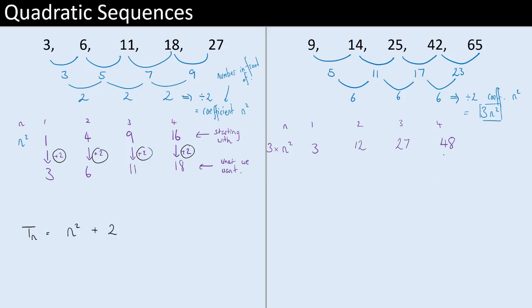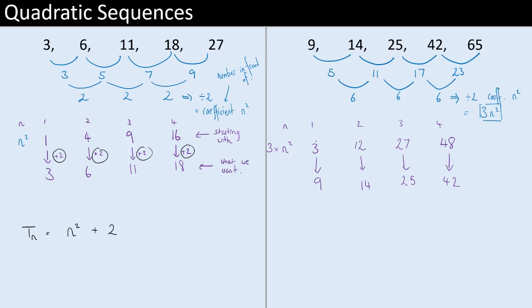All right. Now, let's have a look. I don't want this sequence here. This is my starting point for the sequence, but it's not the sequence that I want. I want the sequence that goes 9, 14, 25, and then 42. So let's have a look at what's going on here.